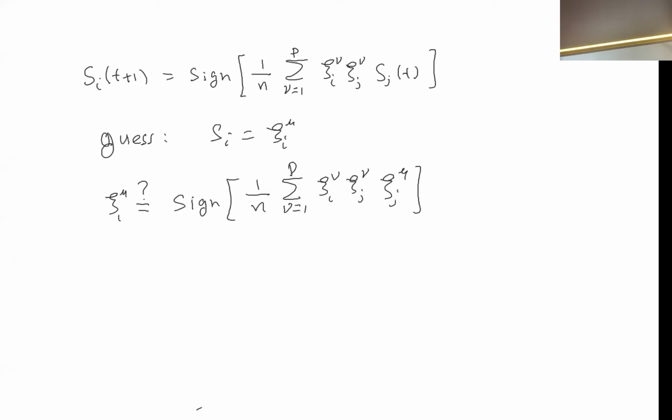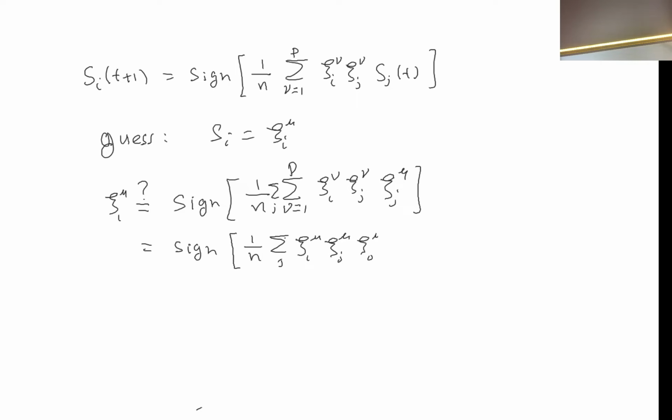So what we're going to do is separate out the nu equals mu terms and nu not equal to mu terms. So this is equal to sine of 1 over n, the sum on j of squiggle I mu, squiggle j mu, squiggle j mu.